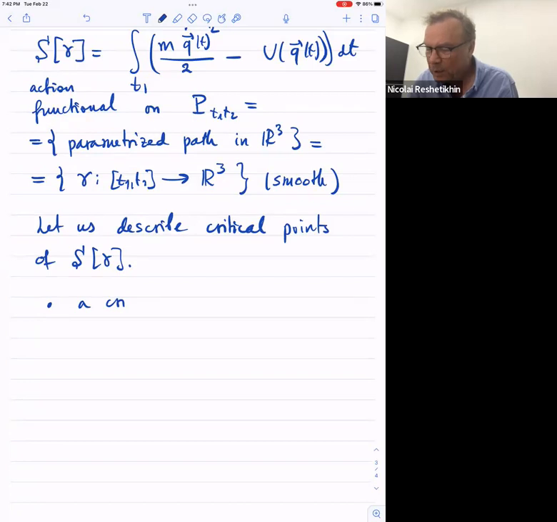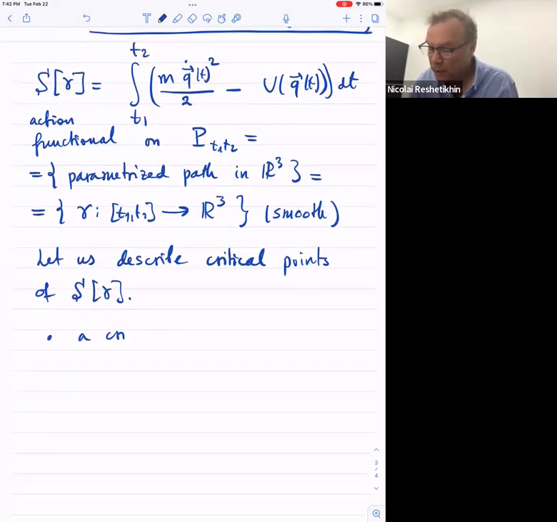So let me be very vague here. This is a topological space of smooth mappings from the interval to R3. You may ask, what is the topology here? Well, as usual, in the space of mappings you can invent 100 topologies. So let's just wait and see if we need any topology.